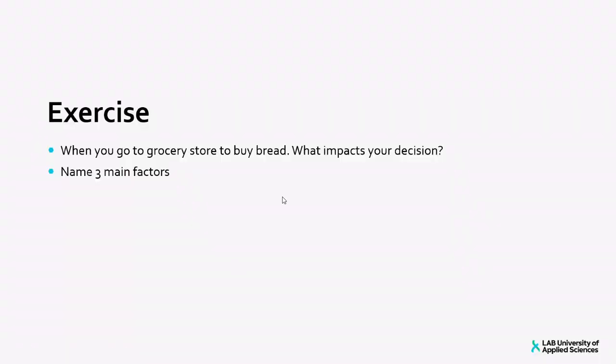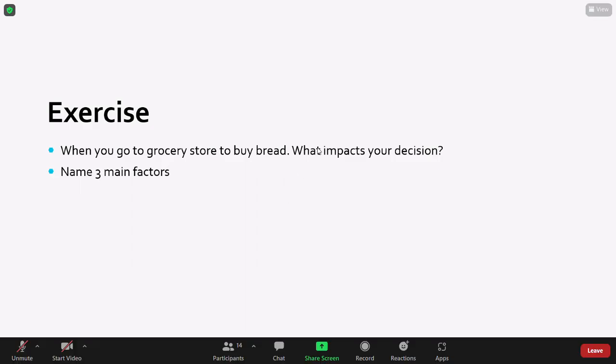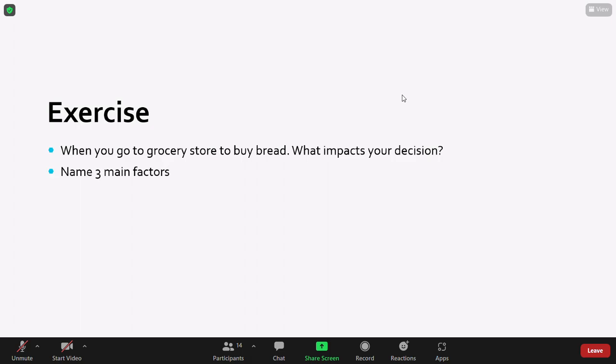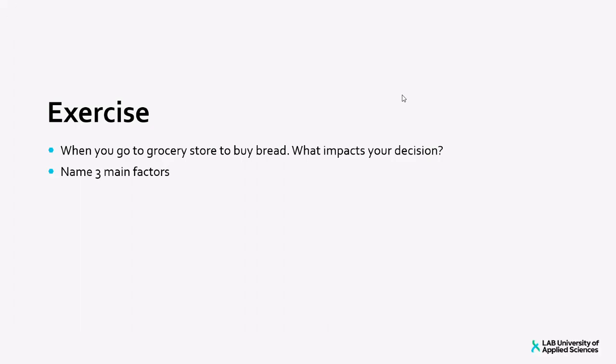Before we start talking about theory, when you go to a grocery store and you are buying bread, what are the factors impacting your decision on what bread you're going to buy? How are you making the decision? And let's assume everybody is buying bread.